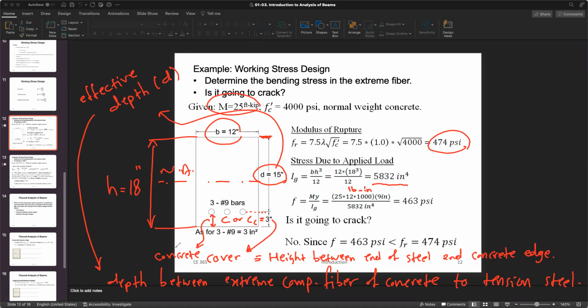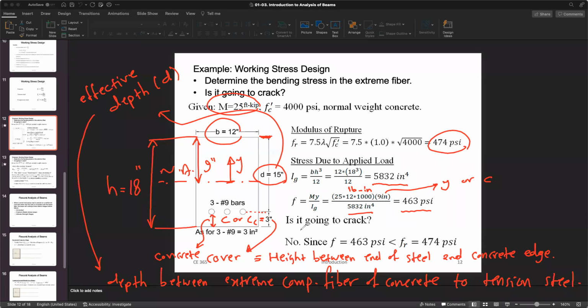The total height is 18, right? So half the height would be 9 inches, correct? So this is the Y really. It's measured from the neutral axis, if you remember from mechanics of materials. So this would be the Y concept, 9 inch. Moment of inertia, you have found it on top. This is the Y. Or if you remember, we call it C for the maximum distance from the neutral axis. All right. So your maximum bending stress would be 463.